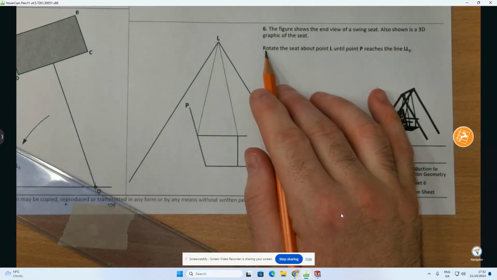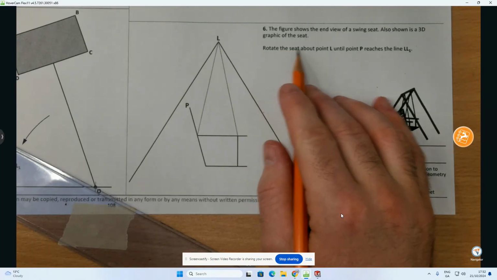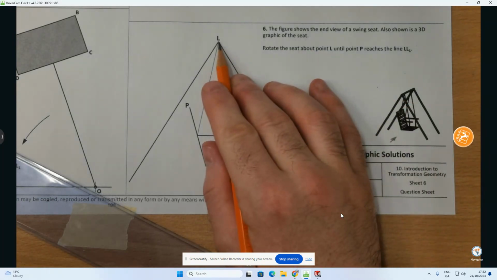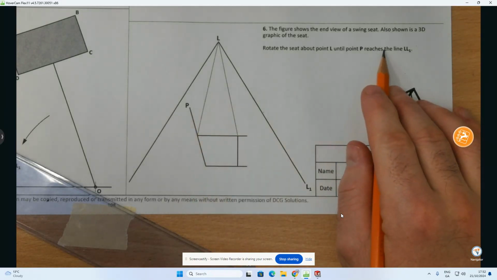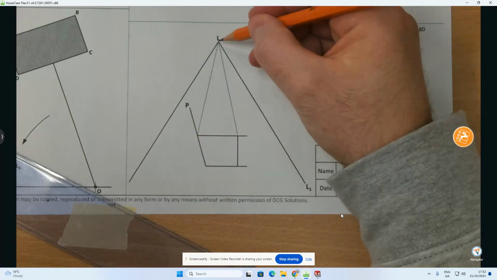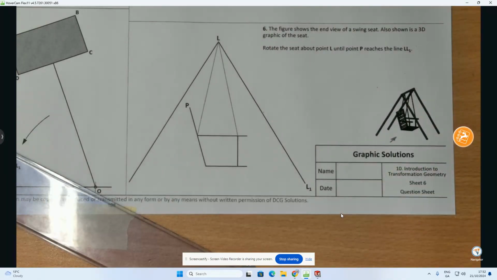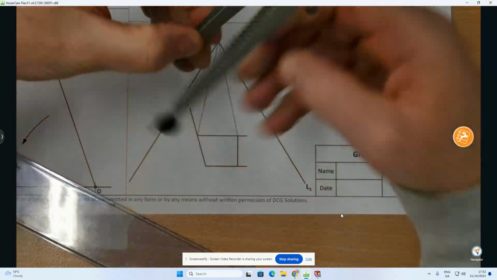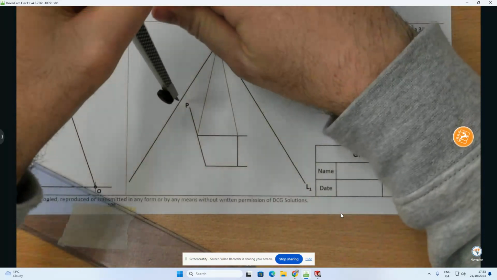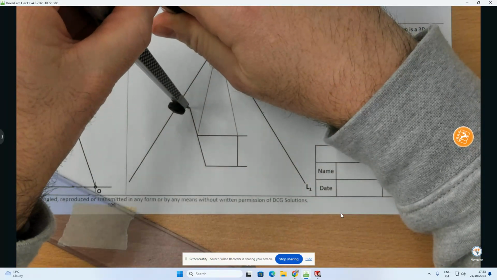Rotate the seat, and this is the important bit, about point L, there's L, until point P reaches the line L1. So we have to rotate the object about L until point P hits the line L1.